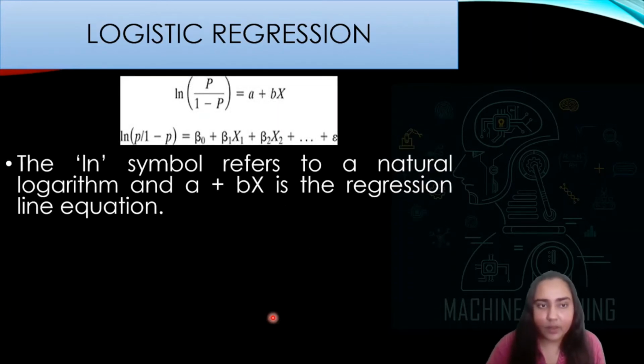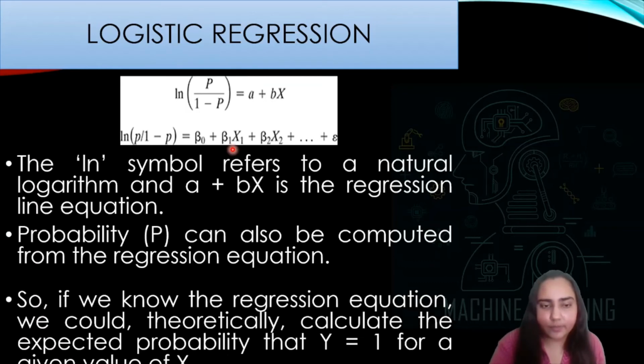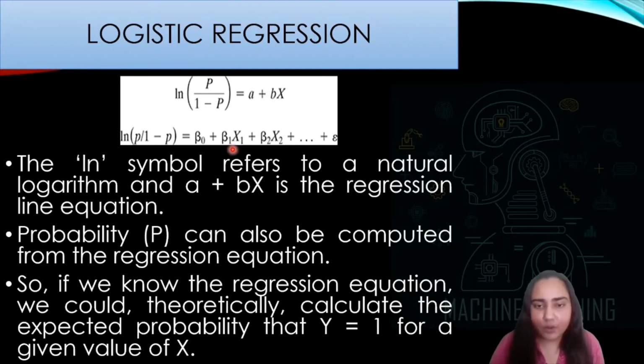Now here the ln symbol, we know it's a natural log, and a plus bx we know is the regression line equation. And the probability p can be computed from the regression equation, which means instead of just giving the value of y, this time we are giving the value of this whole term. So if we know the regression equation, then we could theoretically calculate the expected probability that y will be equal to 1.